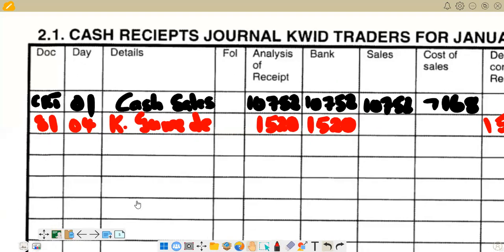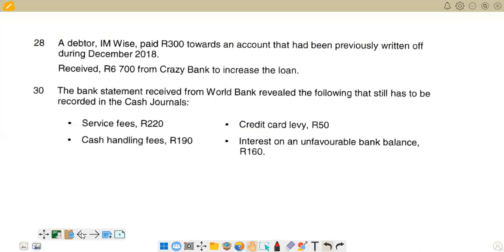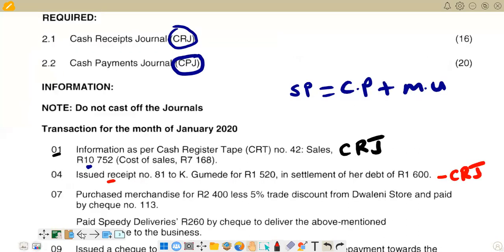The next transaction, we can go back and check what we have in the question. So we were on this one, which is on 04. Now we're on 07. Purchased merchandise for 2,400 less 5% trade discount from Dwalen store and paid by check number 113. So we can quickly take note of the clear figures that we have there.